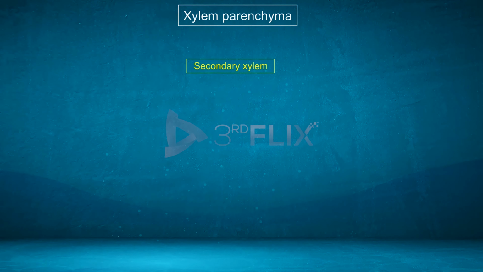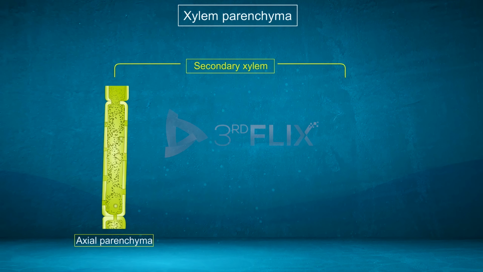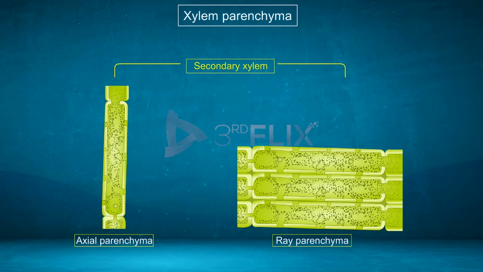Secondary xylem contains both axial parenchyma and ray parenchyma in vertical and horizontal rows respectively. These cells are useful in the storage of starch or fat.